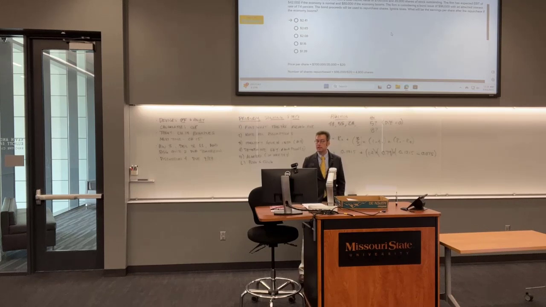The firm has an expected EBIT of 42,000 if the economy is normal and 80,000 if the economy booms. The firm is considering a bond issue of 96,000 with an attached interest rate of 7.4%. The bond proceeds will be used to repurchase shares. Ignore taxes. What will be the earnings per share after the repurchase if the economy booms?